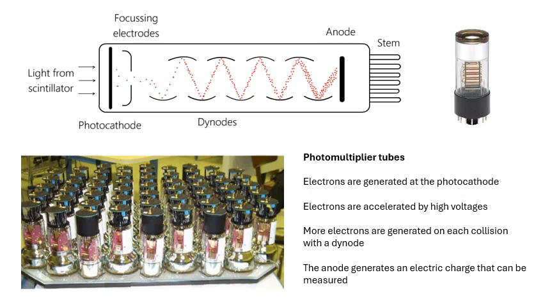So the photomultiplier tubes, we need to know this. Look at the diagram. So light from the scintillator hits a photocathode, and that produces a small amount of electrons, but then going from dynode to dynode to dynode to dynode, each time it strikes one of these dynodes, you get more and more electrons until you get to the final anode, where you get, for each flash, loads and loads of electrons.